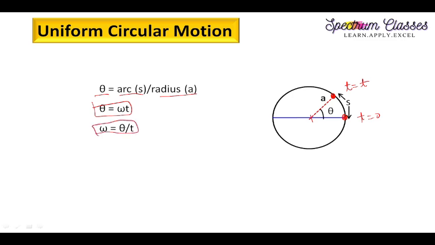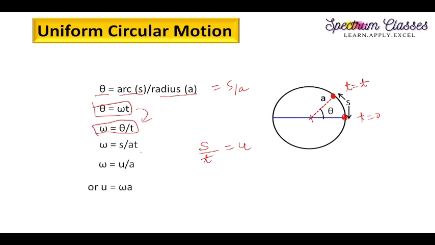So theta is equal to omega t, and we are going to calculate our angular velocity. Omega is equal to theta upon t from this equation. If we put the value of theta, theta is equal to s upon a, where s is the arc and a is the radius. S is the distance and t is the time, so this can be replaced by u, the initial velocity. So omega is equal to u upon a.